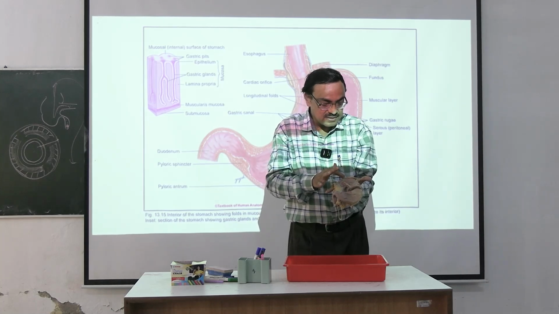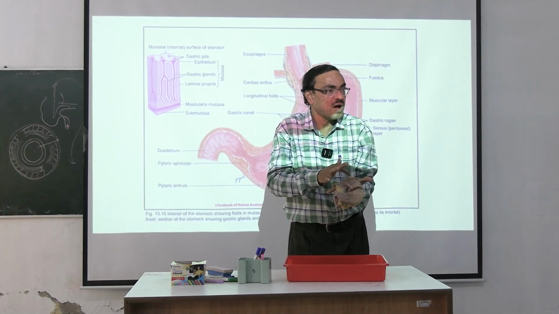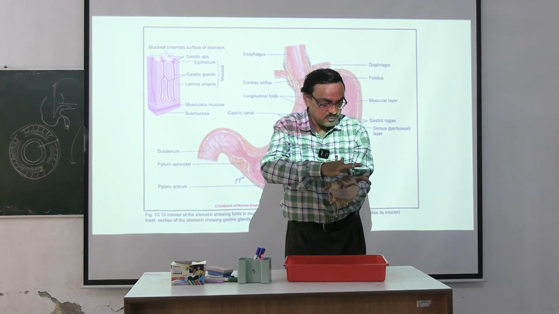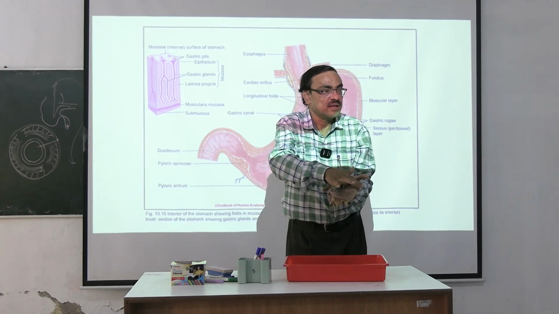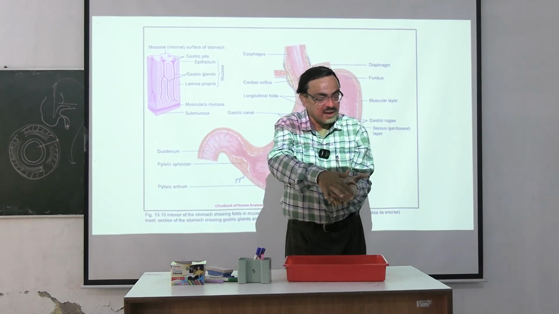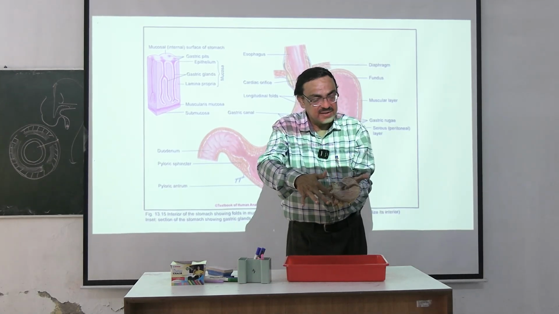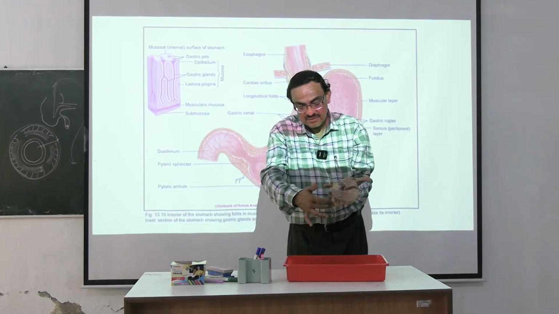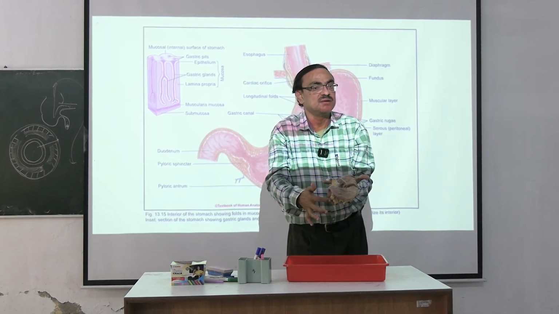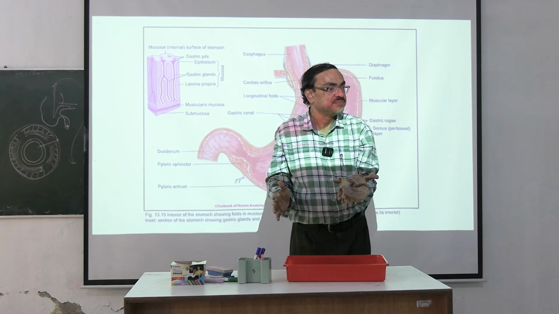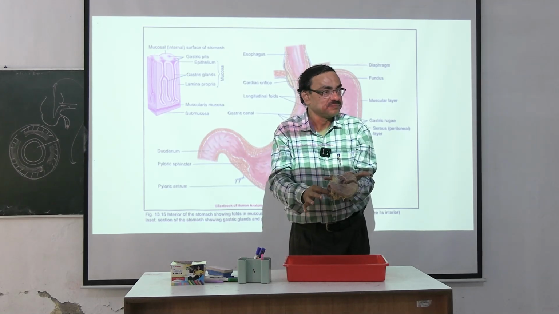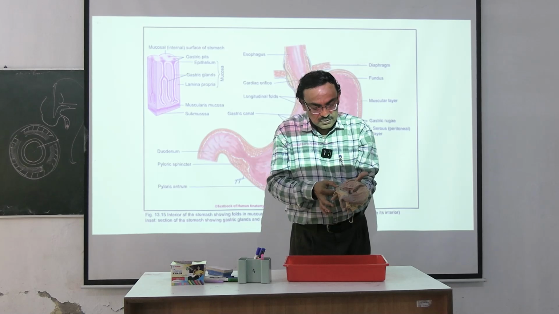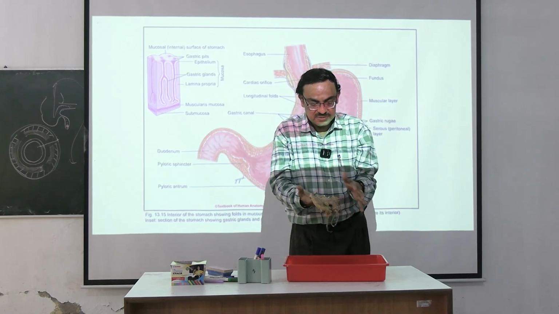From here, the greater curvature goes upwards and backwards, then downwards, forwards and to the right, and reaches the left border of the first part of the duodenum. So this is the anterior surface, this is the posterior surface.